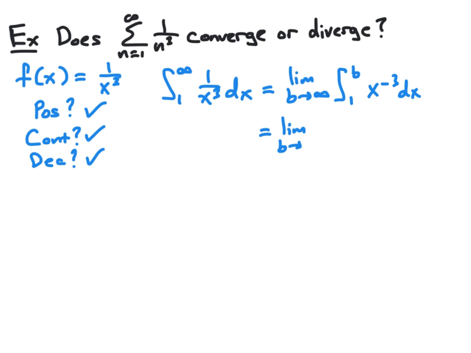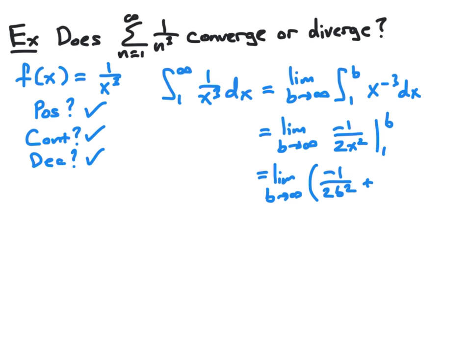So we want to compute the limit as b goes to infinity of the antiderivative of x to the negative third power, which will be negative 1 over 2x squared, or negative 1 over 2x to the negative 2 power, evaluated from 1 to b. And so we want the limit as b goes to infinity of negative 1 over 2b squared plus 1 over 2 times 1 squared, which will be 1/2.